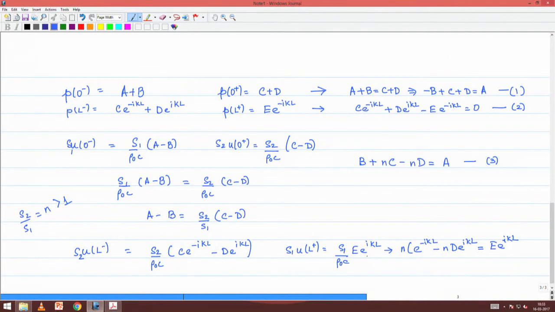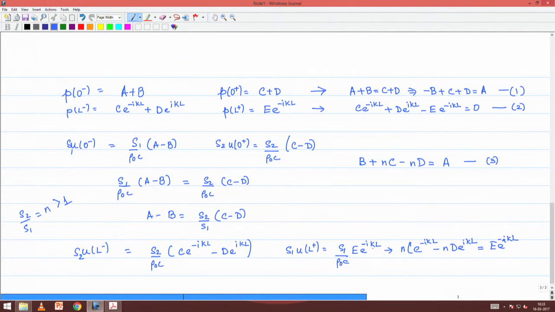E to the power ik L n C e to the S2 by S1 is n, right, looks okay, right. This one is minus, yeah, I was almost sniffing some trouble. D e to the power minus ik L, right, because this is a forward wave.